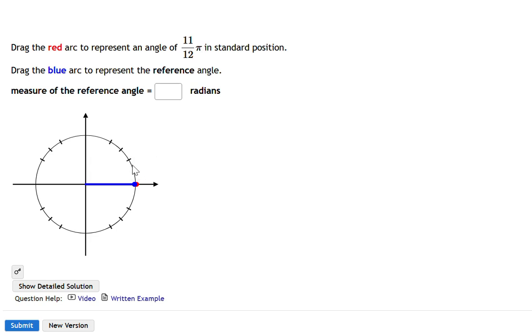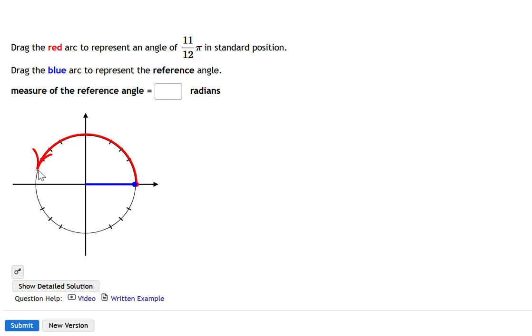So here's 1/12, 2/12 is 1/6, 3/12 is 1/4, 4/12, 5/12, 6, 7, 8, 9, 10, 11/12 is going to be right halfway between this tick and the x-axis. So when I set my red angle, I'm going to go halfway between this tick mark and the x-axis. So that's approximately 11 pi over 12.